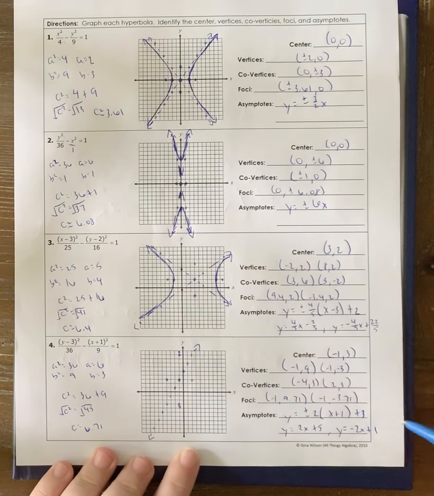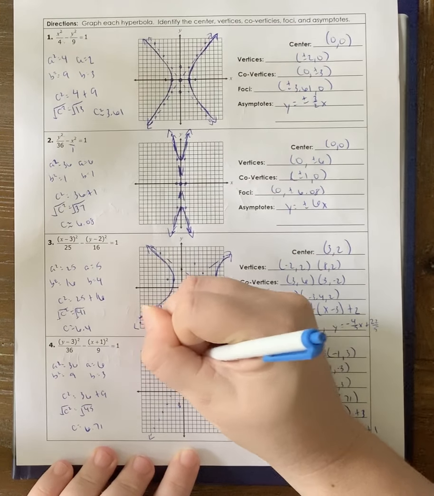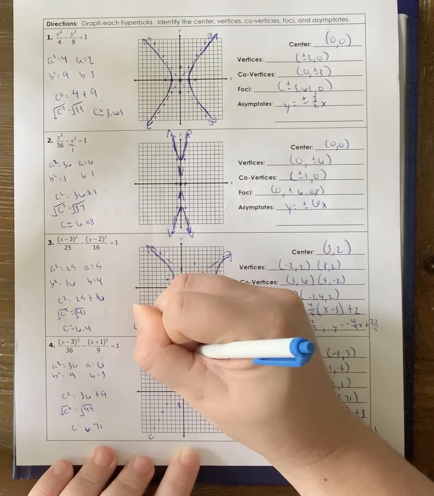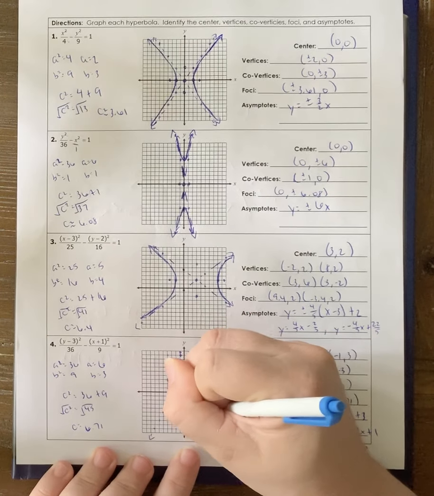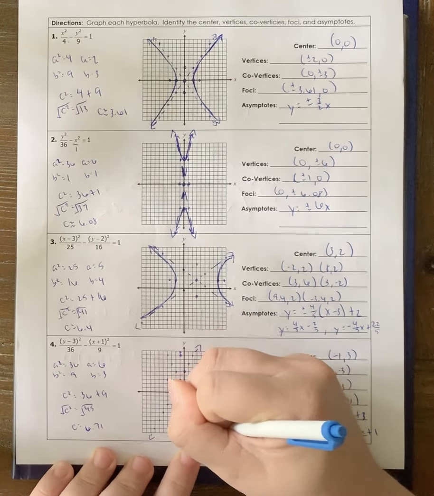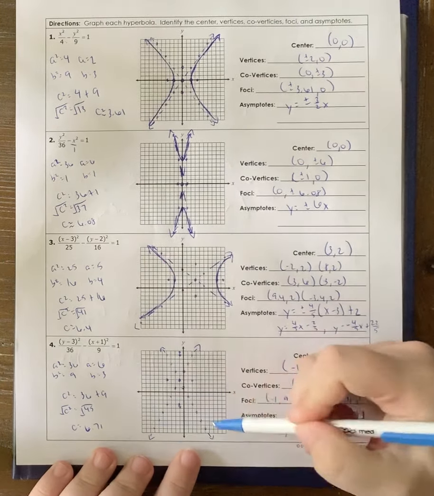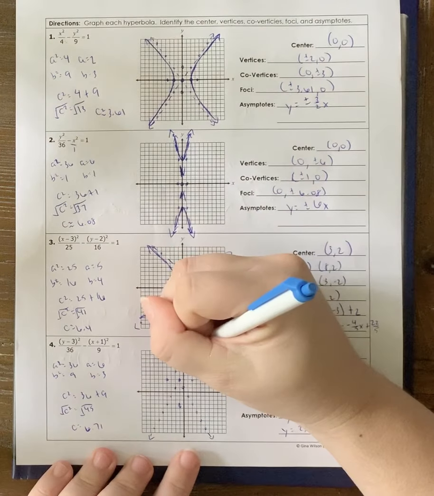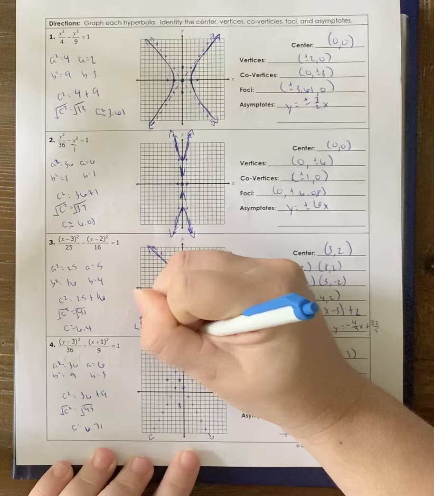Okay, so that's one asymptote. The other one is right here. And notice that your asymptote should always cross through the center of your hyperbola. Like that. Okay, so we have our asymptotes right there. All right, so our hyperbola here is going to be like this.